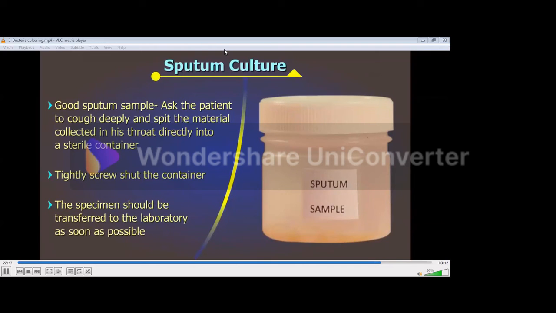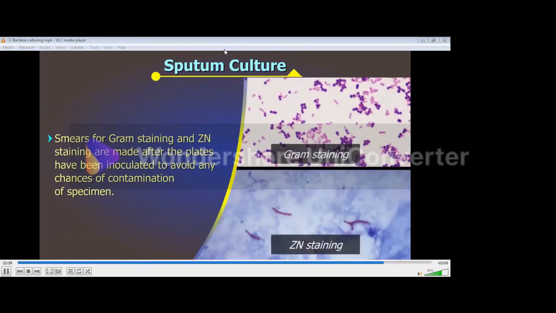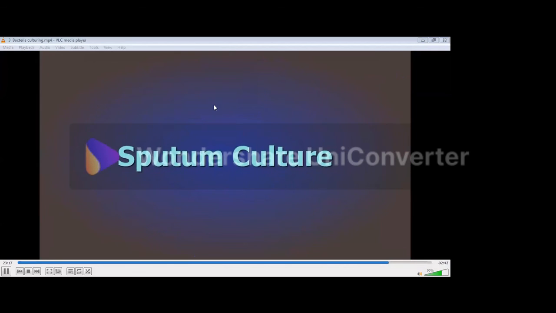The specimen should be transferred to the laboratory as soon as possible, preferably within 2 hours, as delicate pathogens may not survive for long. Smears for Gram staining and Zn staining, when required, should be made after the plates have been inoculated to avoid any chances of contamination of specimen. The methods of Gram and Zn staining have been described in a separate section.